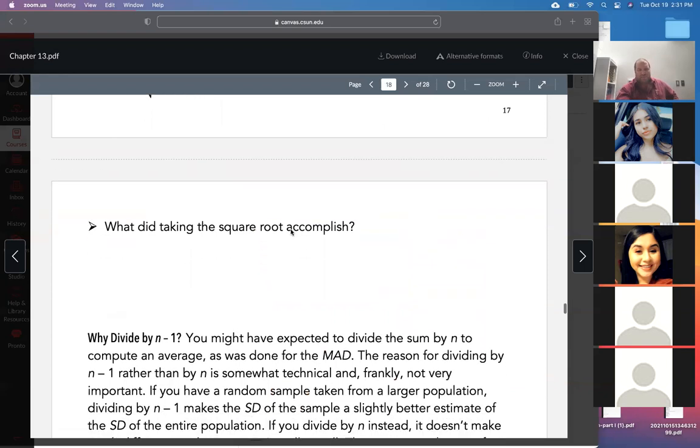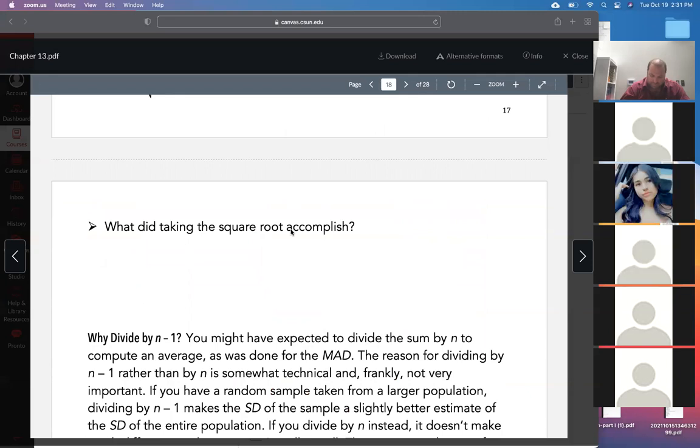What did taking the square root accomplish? What was the point of that? Doesn't it ensure that we have the absolute value? Well, what do you mean by that? We don't have absolute value here, do we?